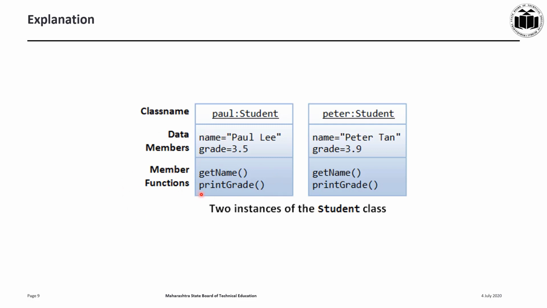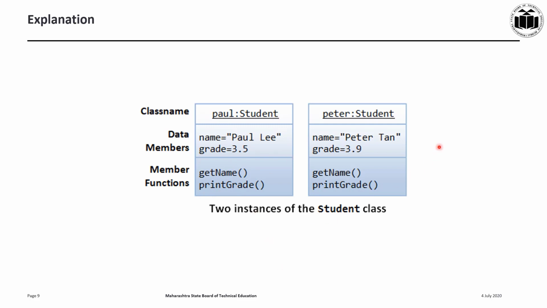About the member functions: member functions are the functions that you will use to access this name and grade. With the help of get name, we will take the values of your data members from the user, and with the help of print grade, we will display the value to the user.